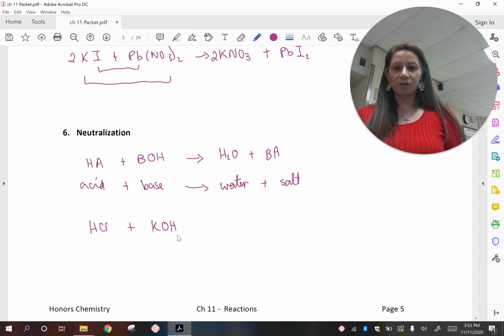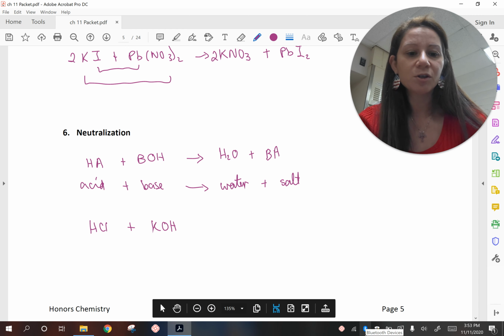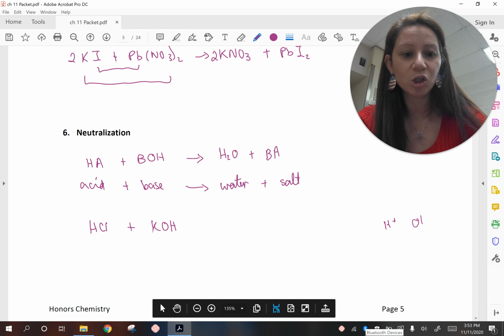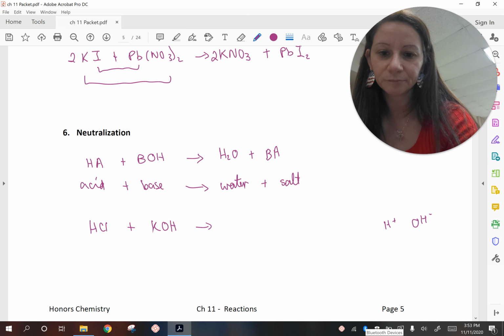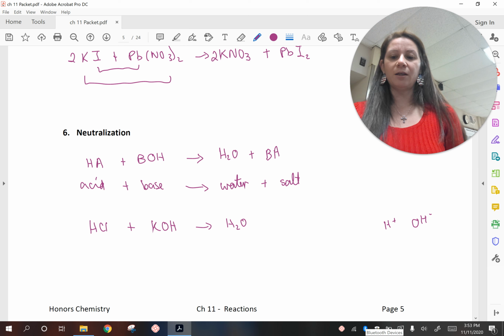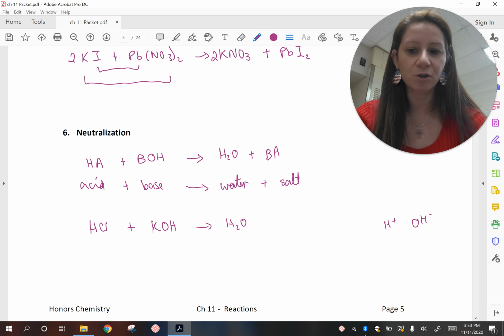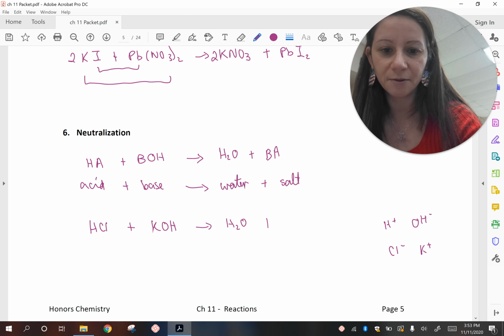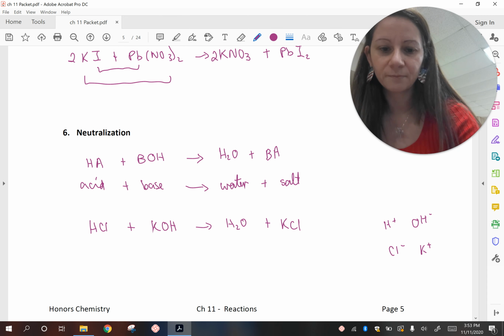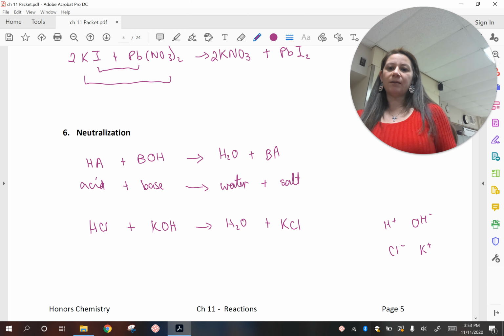The two outer ones go together. Well, you have the two outer ones as H plus and OH minus. So that's going to be HOH, which is water. And then the two middle ones go together. So the Cl minus and the K plus. But remember, K plus will go first. So KCl. And that is already balanced.